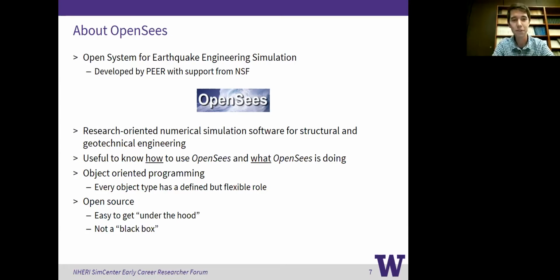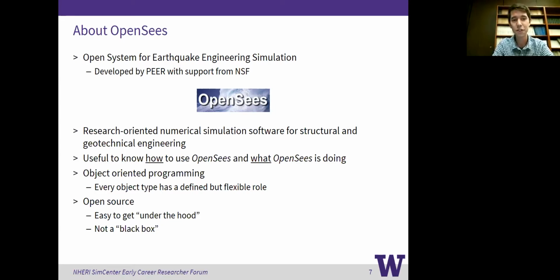I think sometimes you see it used in practice, but more often than not, it's really a research tool. So it's useful to know not only how to use OpenSees, okay, and that's basically what you might learn in a course or what you see on the website, but also understand what OpenSees is doing.